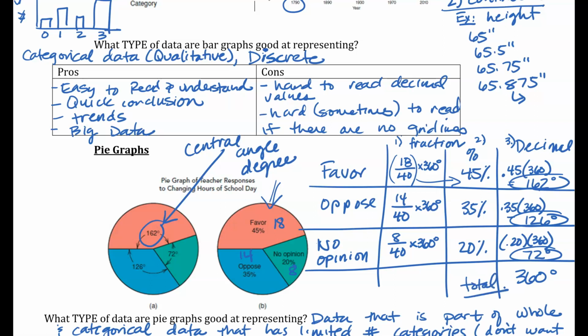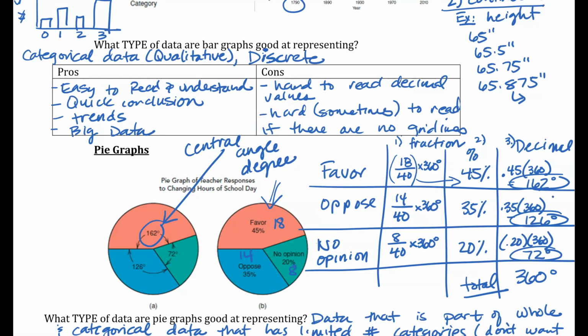Now, sometimes it's necessary to round because you don't get an exact degree measure. It's possible that your total is really close to 360, like 359.9, and that's okay. When you round, sometimes your answers are off just a tiny bit. So what would you do with this?